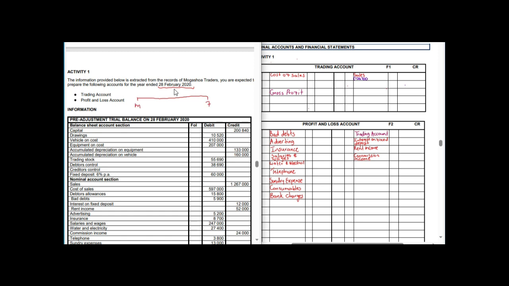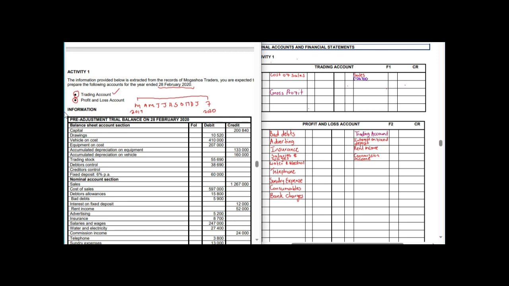Our financial year ends in February 2020, meaning it started in March 2019, then April, May, June, July, August, September, October, November, December, January. That is our 12-month period, and we are required to complete the trading account as well as the profit and loss. So guys, let's get to it immediately.